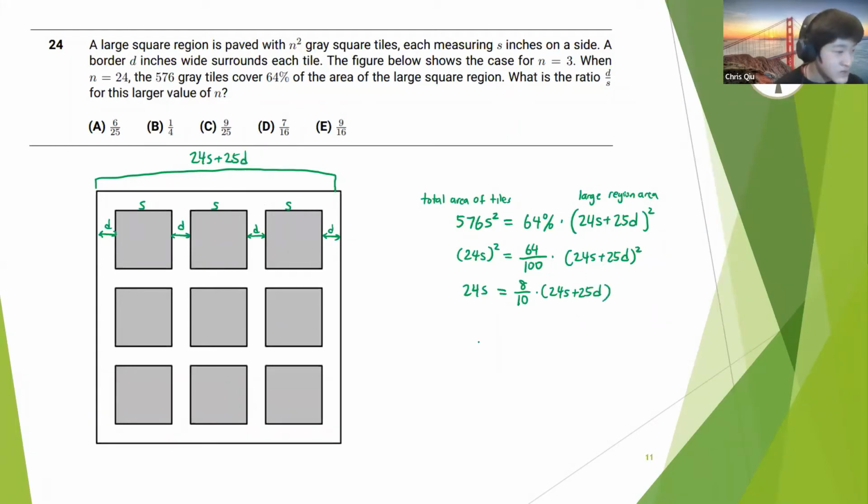And now we can find d over s. This becomes 24s is equal to 4/5 times 24s plus 4/5 times 25d. And we can just solve this.